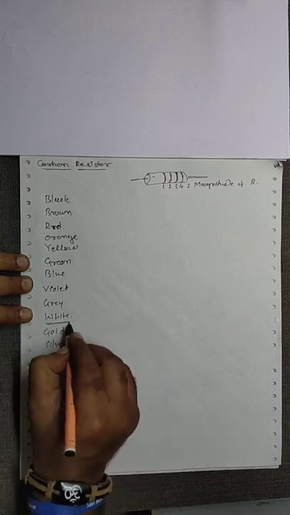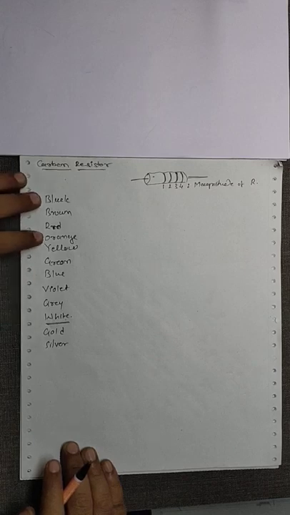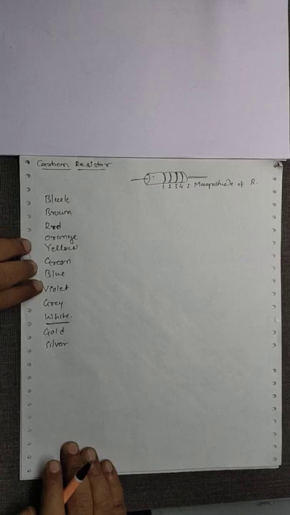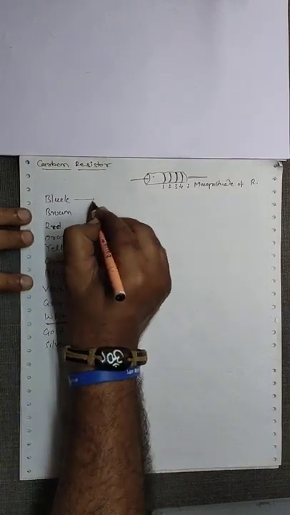Up to this you have to remember: BB Roy goes to Bombay via Gateway with gold and silver. Okay, what does it mean? That we will see later on.